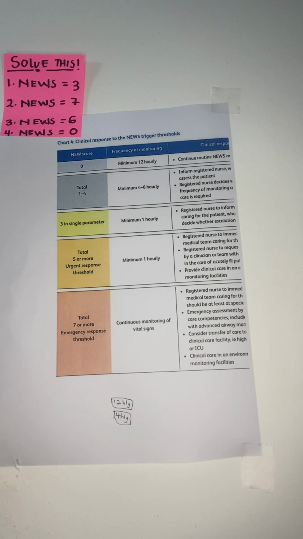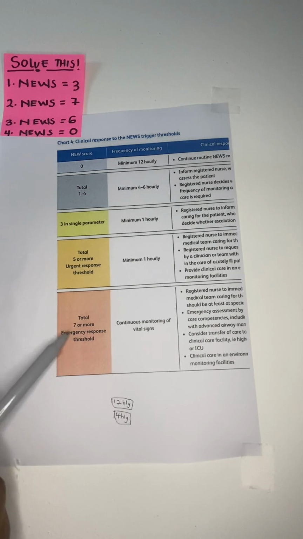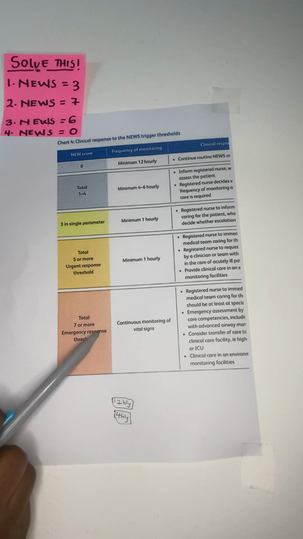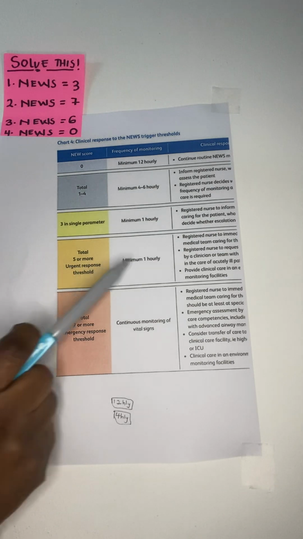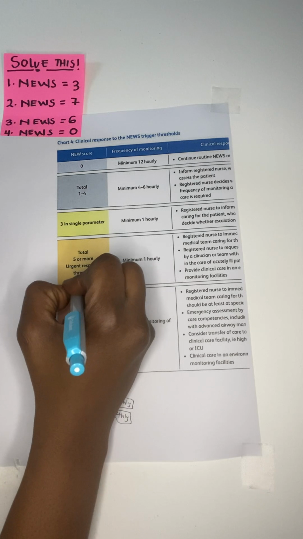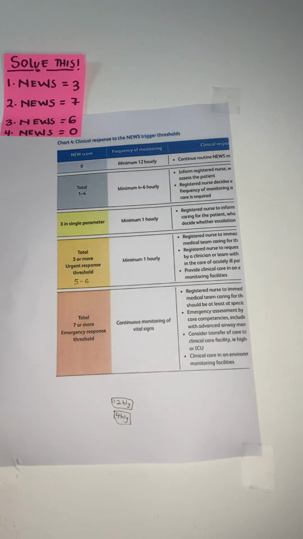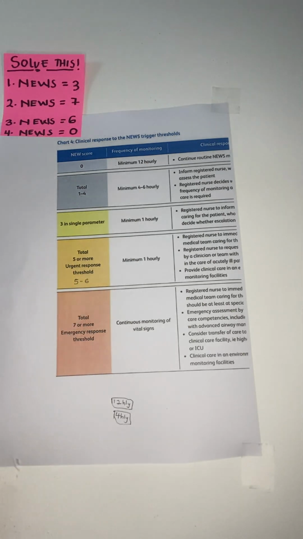Okay, good. So when you get a total NEWS score of 7 or more, I want to think that for this particular portion, it's more like a NEWS score between 5 and 6. A total NEWS score between 5 and 6, you monitor hourly.